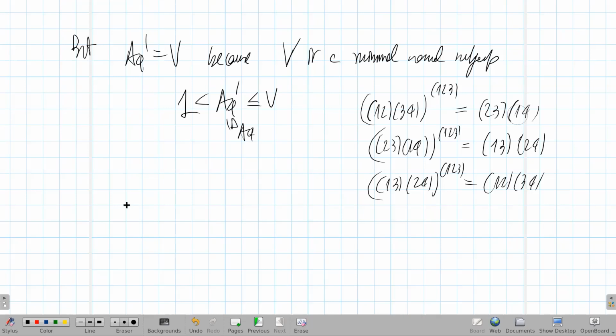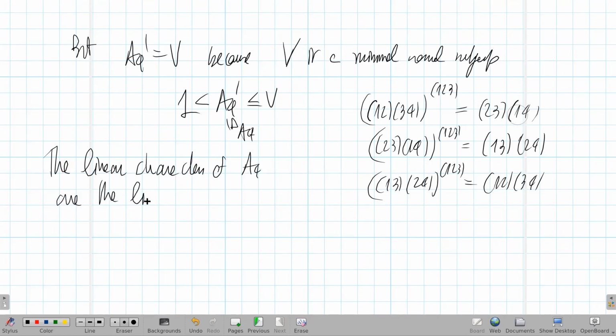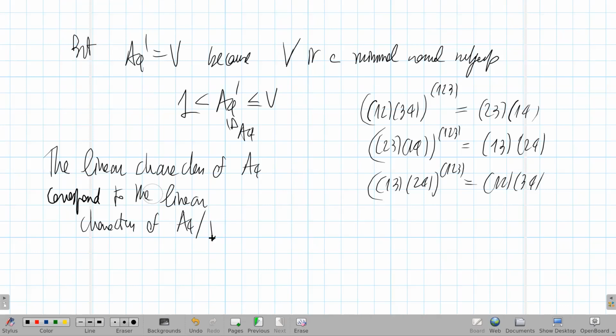Okay, good. So this means that, as I was saying, the linear characters of A4 correspond to the linear characters of A4 over V, which is the derived subgroup.